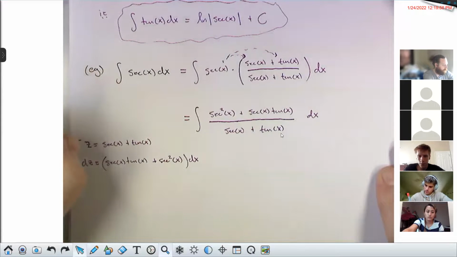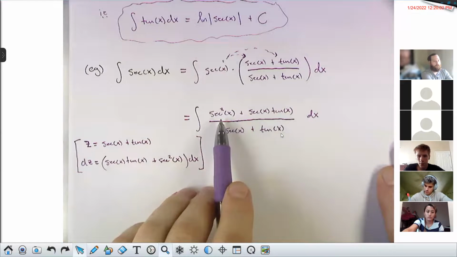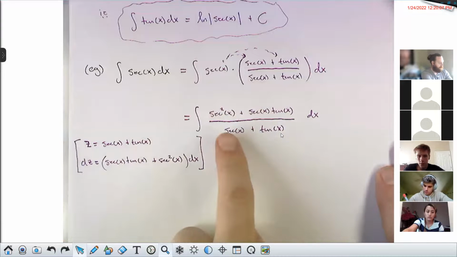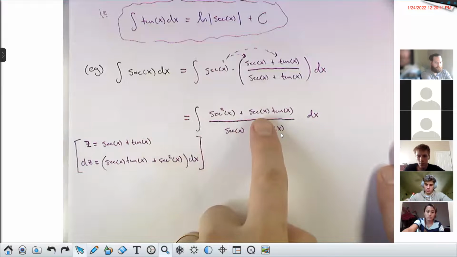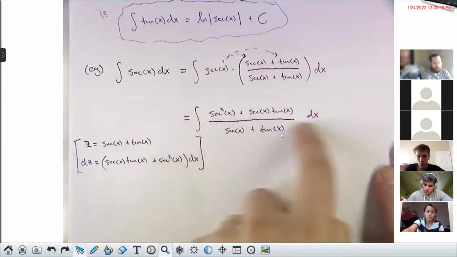And wouldn't you know it, that's exactly what I have up here. It's written in the other order, but this numerator is secant squared plus secant tangent, all times dx. So the whole numerator here is dz.